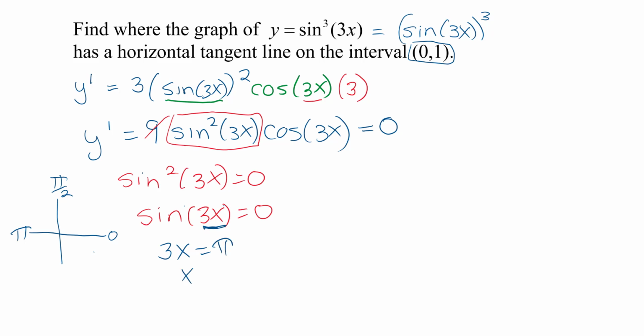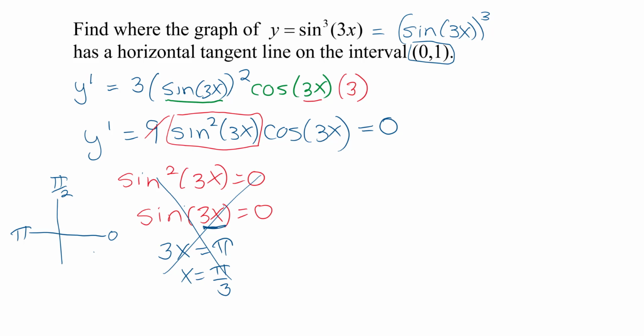And then solving for x, it would be x equals pi thirds. But pi thirds, pi is 3.14 something divided by 3, so the top is bigger than the bottom, so that fraction is bigger than 1. And we were just looking on the interval from 0 to 1, so we're not going to get a solution from the sine function. There isn't anything on the interval from 0 to 1 where it equals 0.